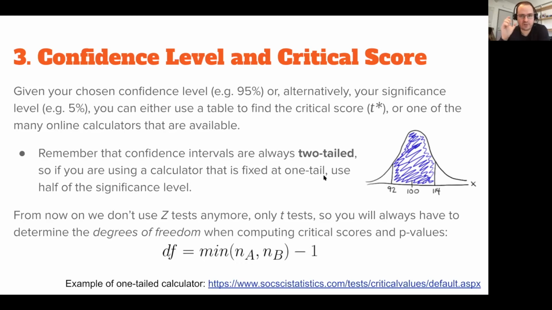So you have to keep this in mind if you're trying to compute a two-tailed thing using something that's fixed at one tail, because sometimes there are tables that only give you one-tailed probabilities. So you're going to say, oh, I want to know where my t-score is for 5%. Well, actually, you have to look for it at 2.5%.